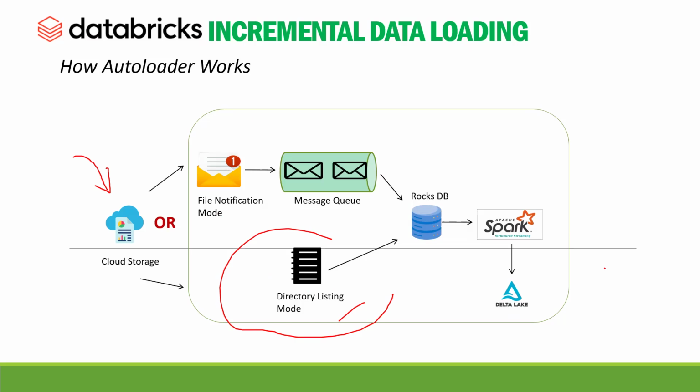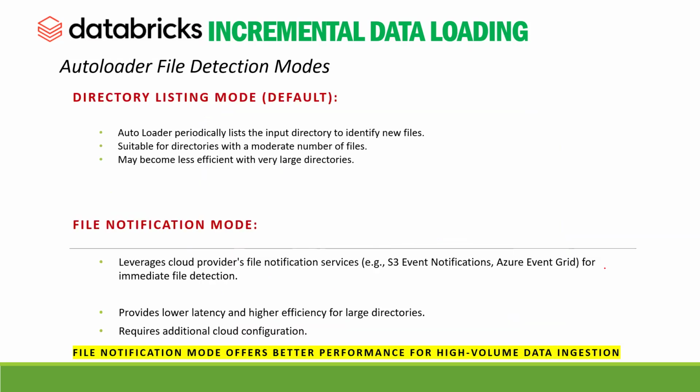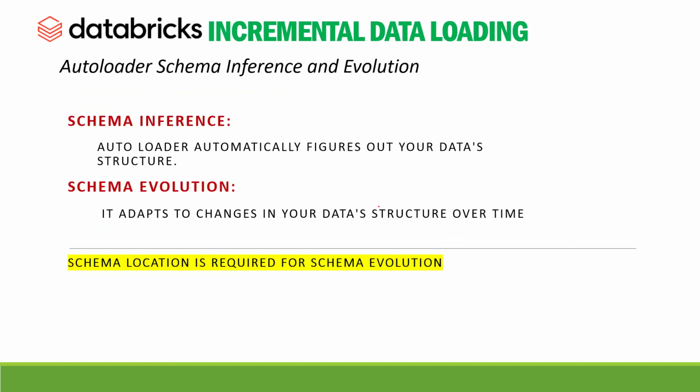Before I move on to the hands-on part, let us look at a few important pieces of information about the autoloader. This is what I have discussed, and directory listing mode is the default one. This is the one I will be demonstrating in a few minutes. As I talked about in the key features, autoloader is capable of inferring the schema, and it can also deal with schema evolution.